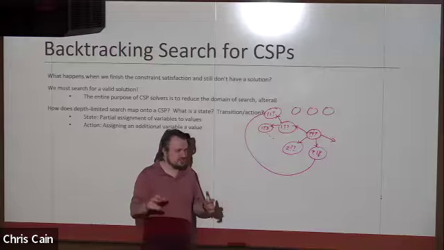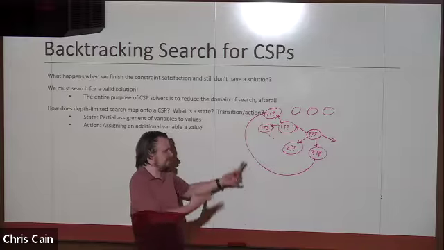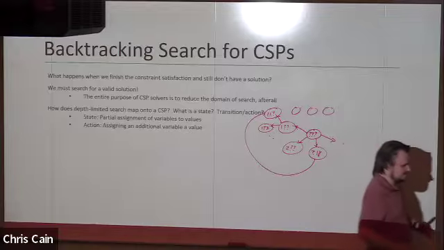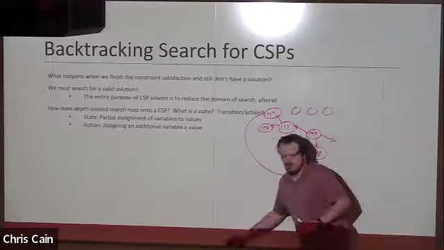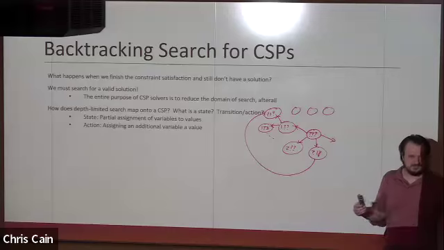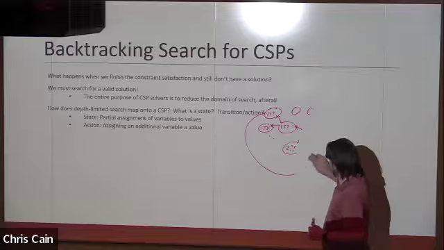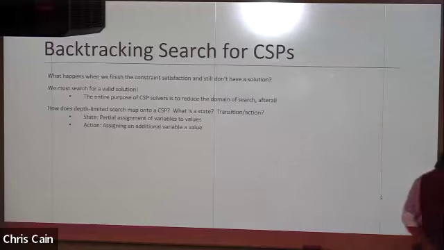So an action or an edge in this case is just assigning an additional variable some value. And some of those will be legal or not according to the constraints. Make sense? Good, off the top of my head, dummy idea worked out.